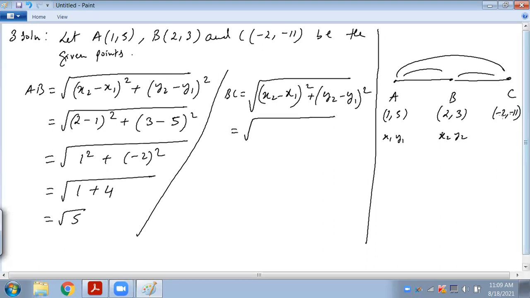Now for B and C. For BC, if B is x2, y2, C can be x1, y1. Any point can be x1, y1, any other point can be x2, y2. Okay, so B is x2, y2, so we will take C as x1, y1. Now put the values. x2 is 2 minus x1 is minus 2.